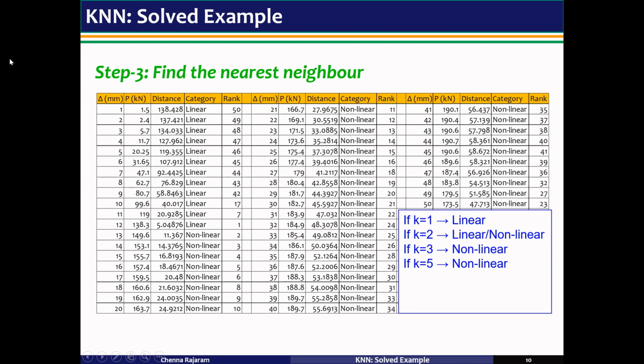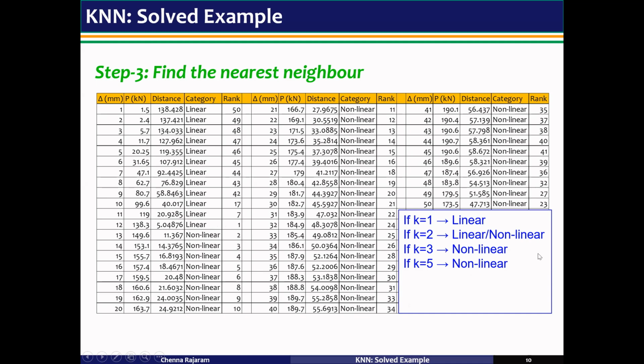Third, find out the nearest neighbor. If K is equal to 1, it is classified as linear. If K is equal to 2, then it is classified as linear or non-linear. If K is equal to 3, then it comes under non-linear. If K is equal to 5, then also it is classified as non-linear.